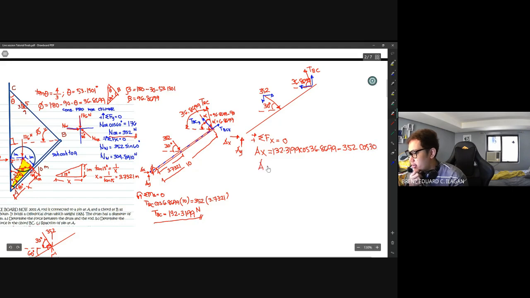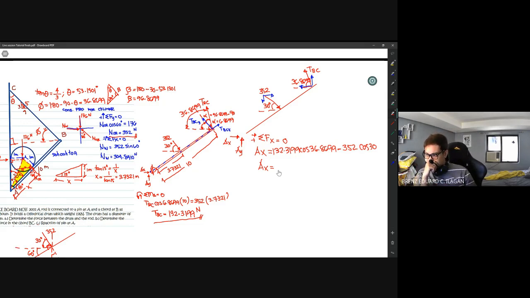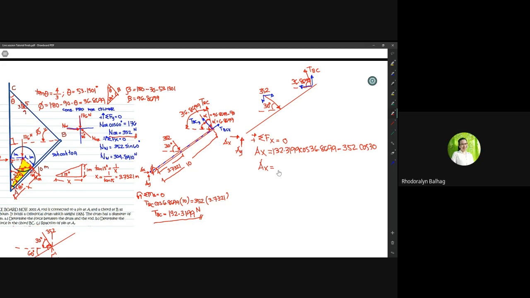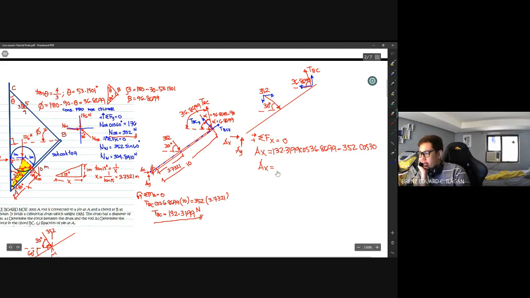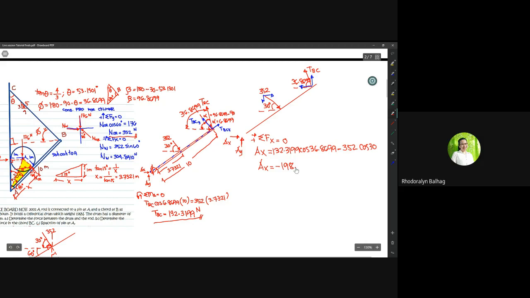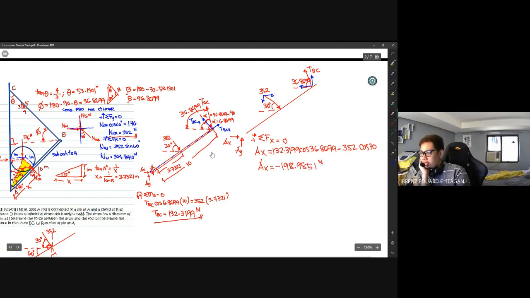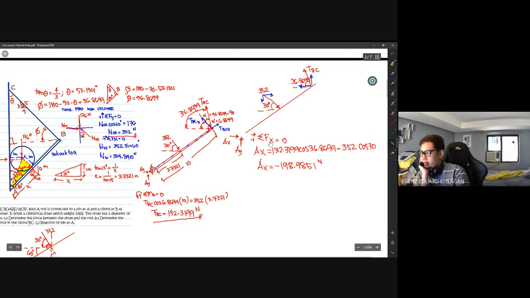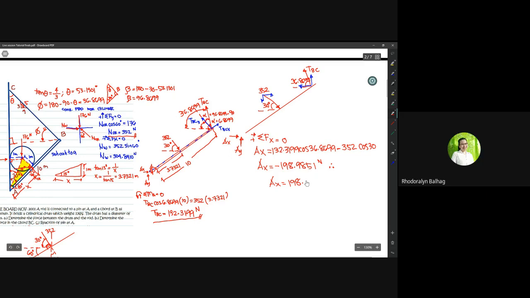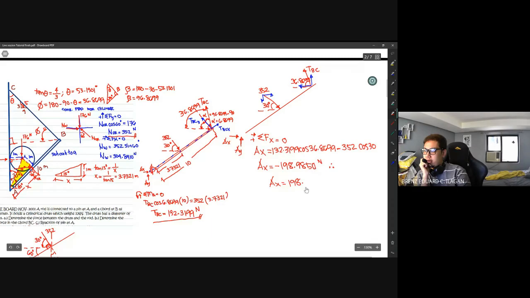So, what is the value of AX? It seems negative: negative 198.9850 Newton. Instead of this direction, to correct that, AX is 198.9850, going in this direction.